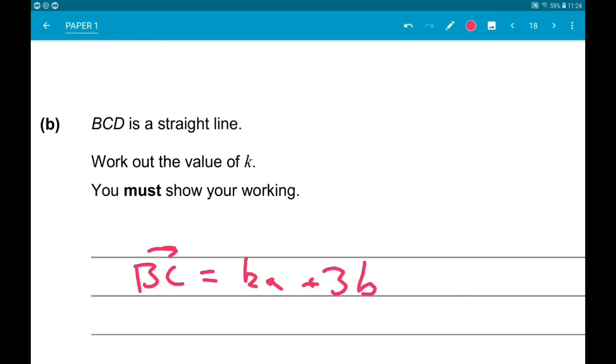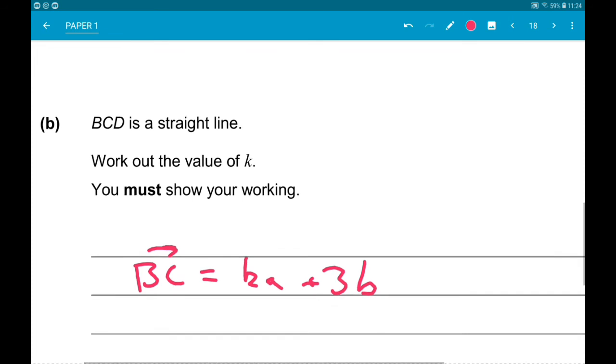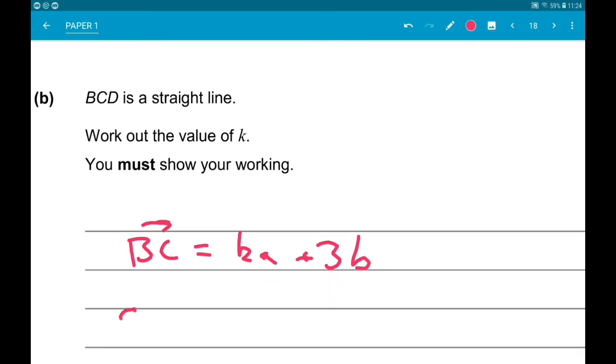Okay, now we know that CD was 6A add 4.5B.